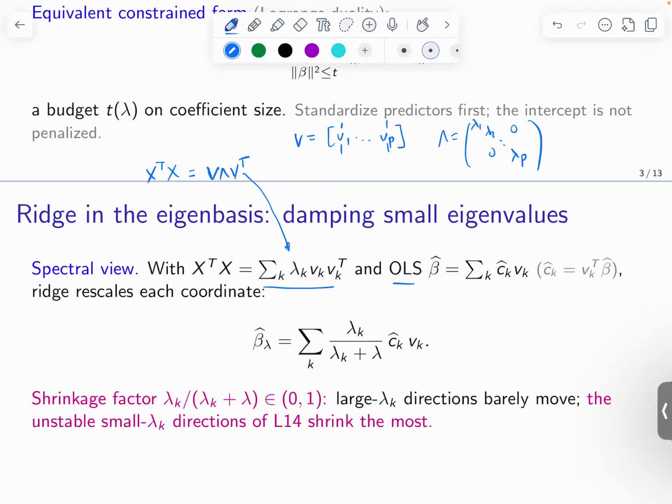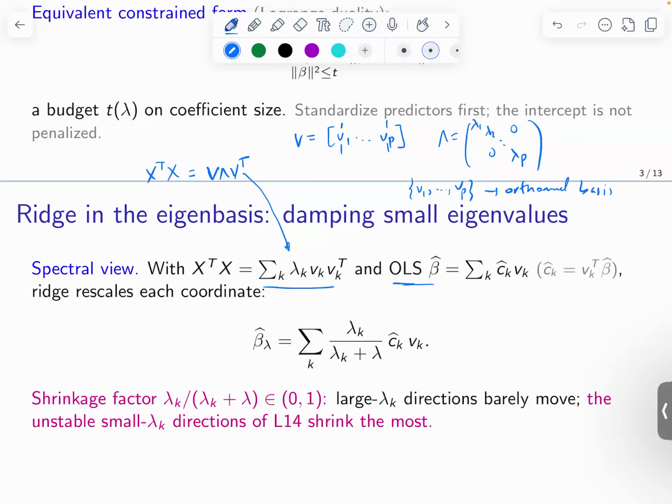The only thing I'm going to use is that you can write beta hat using V1 up to Vp. For any symmetric matrix, the EVD gives you an orthonormal basis of R^p made from the eigenvectors of the matrix.